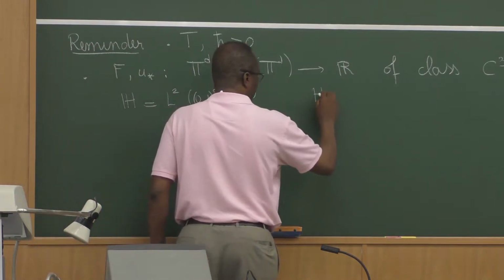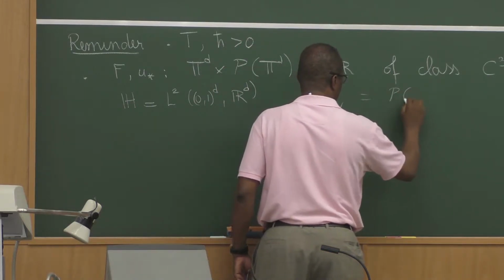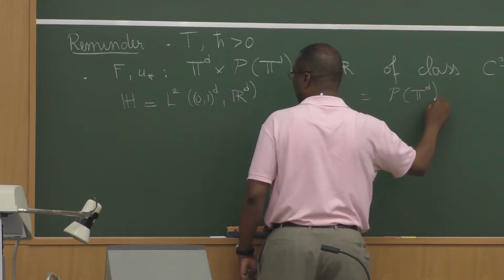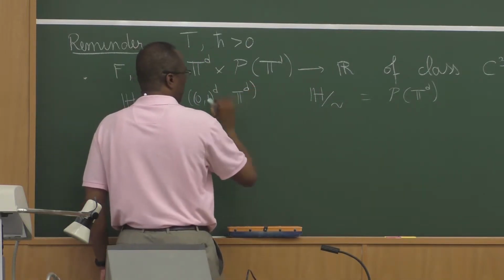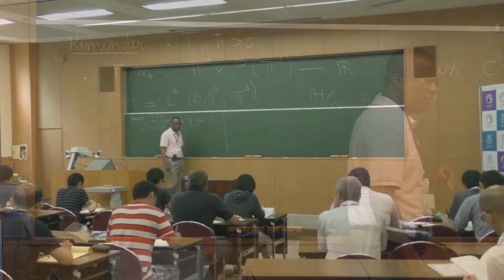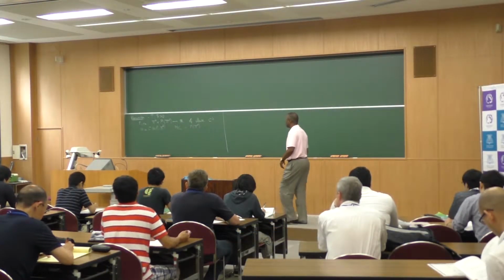So if you quotient the Hilbert space by a relation, you get the set of probability measures. And the C3 means with respect to the differential structure on the Hilbert space.